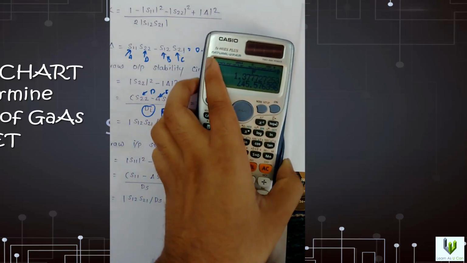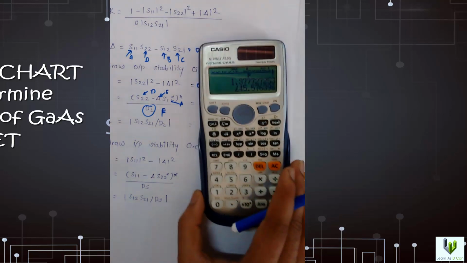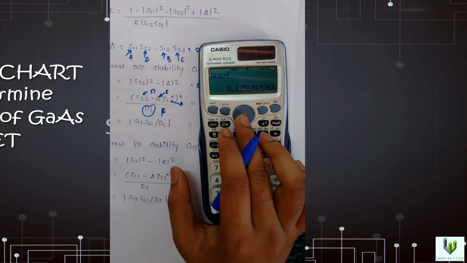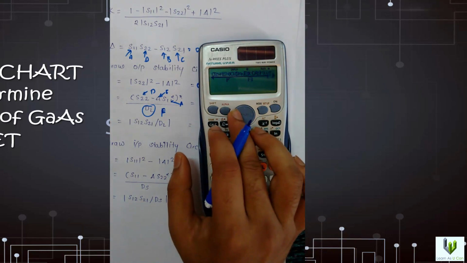Now I have to find this RL. Similar calculation is used.